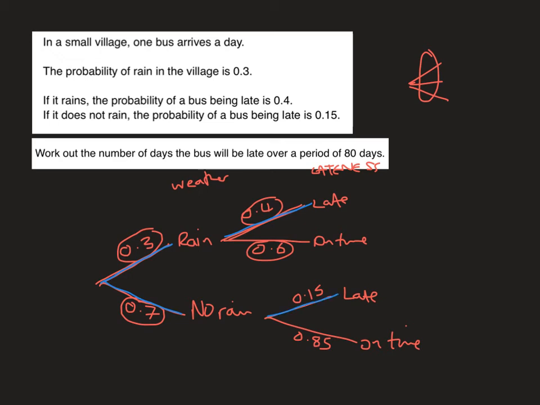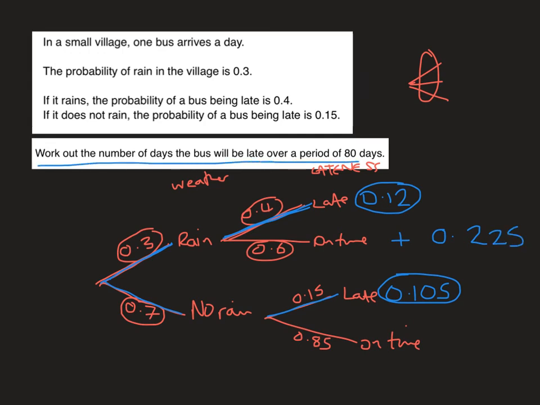So 0.3 times 0.4, 0.12. 0.7 times 0.15, 0.105. So if it's arrived late, it's either this or this. So let's add those together, and I get, so the probability of a bus being late on any given day is 0.225.